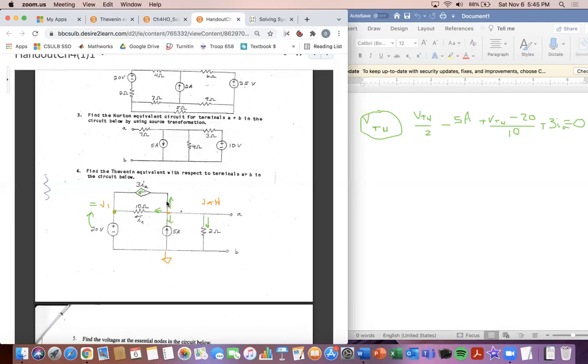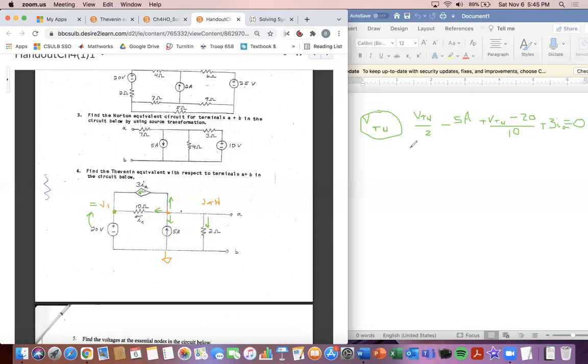I think I always draw it where it hits another voltage source. So it hits a voltage source here at this other node, V1. It's going to hit the ground. And then this one's going to hit this voltage source here at V1, the other node, and then it's going to hit the ground here. So whatever it hits first, that's what I think of when writing my equations.